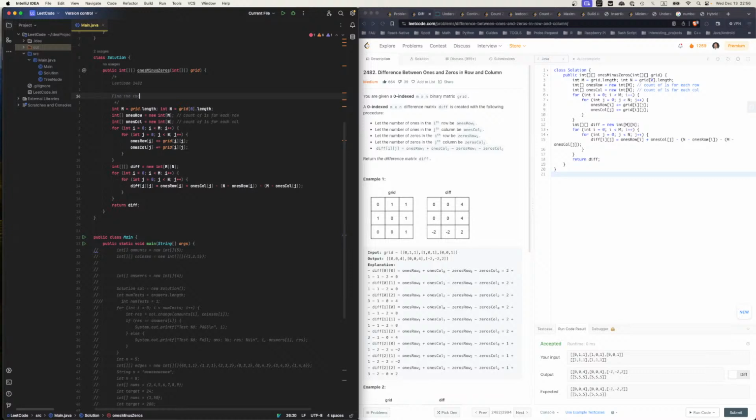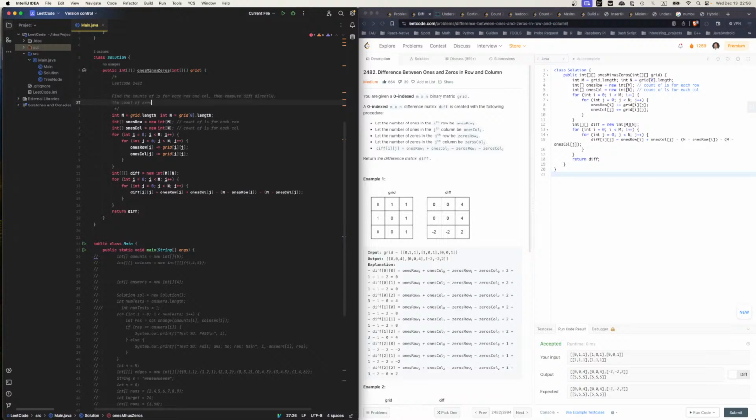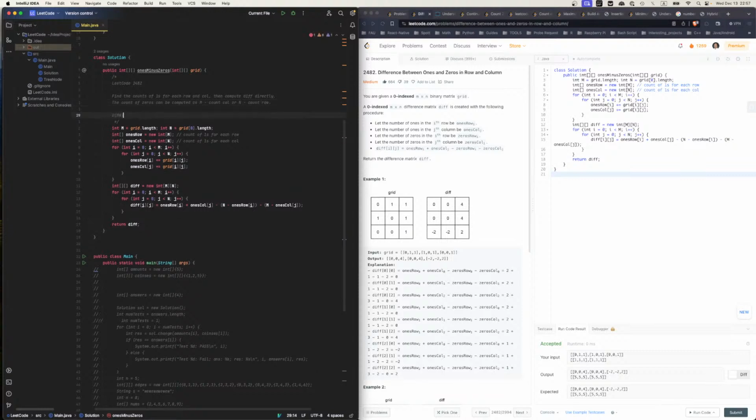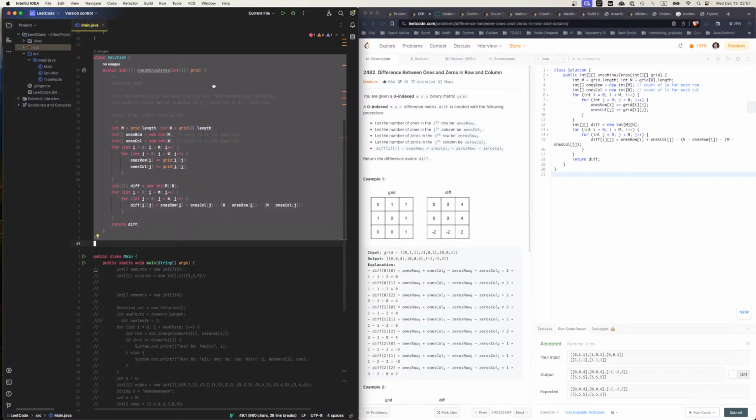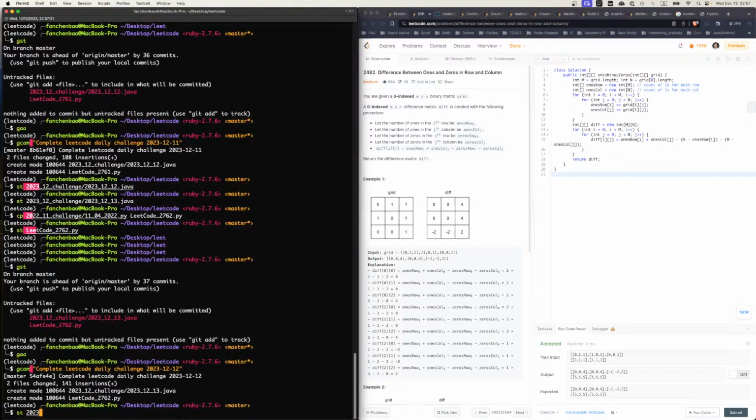Find the count of ones for each row and column, then compute diff directly. The count of zeros can be computed as m minus count column, or n minus count row. Okay, let me go here, it's 2023, this is 14.